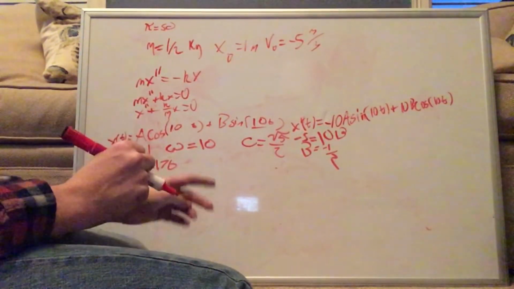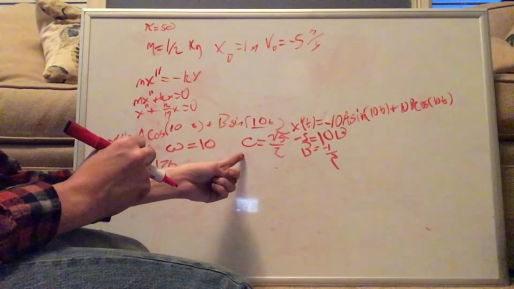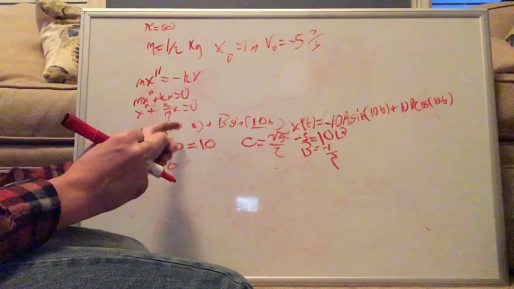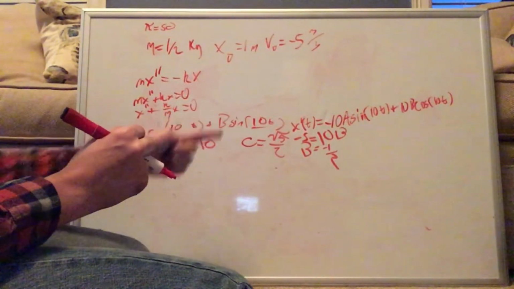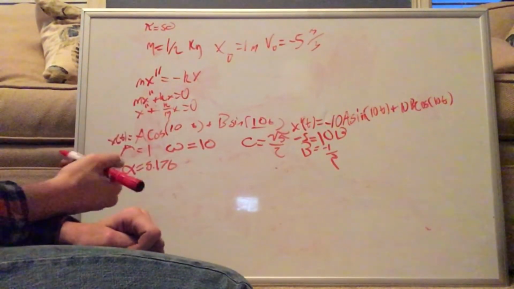Okay, so now that we have the amplitude, we have the angular velocity, we have this part, we have the amplitude, and we have the phase angle, the offset. We can just write this as a cosine, right?